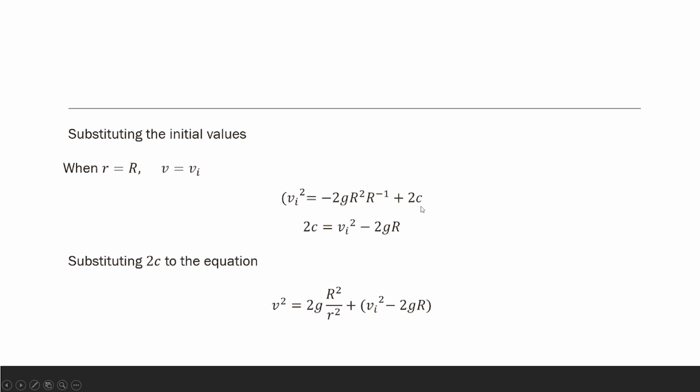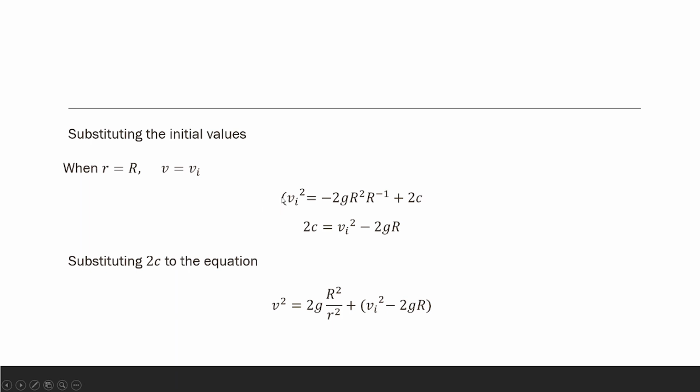We can now get our arbitrary constant. 2c is equal to vi squared minus 2gR. We can now substitute this vi squared minus 2gR for the value of 2c. So substituting 2c into the equation, we have v squared is equal to 2gR squared over r plus vi squared minus 2gR. So, this is our equation.